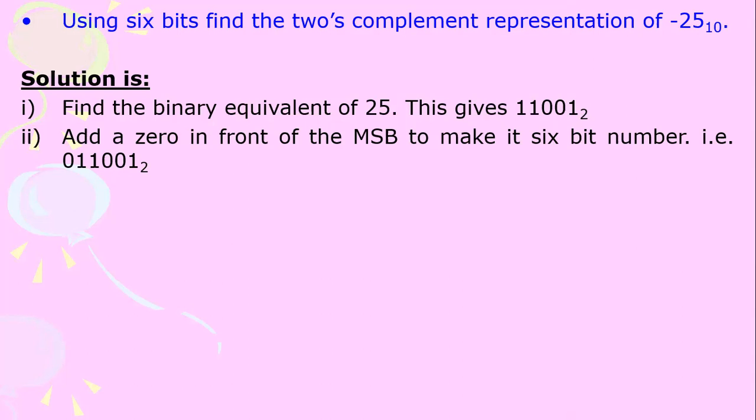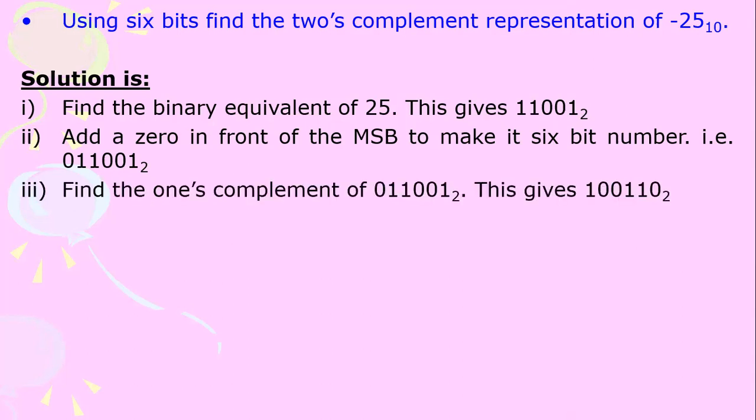So we get 0, 1, 1, 0, 0, 1 binary. And then we proceed now to step 3 to find the 1's complement of 0, 1, 1, 0, 0, 1 in binary.